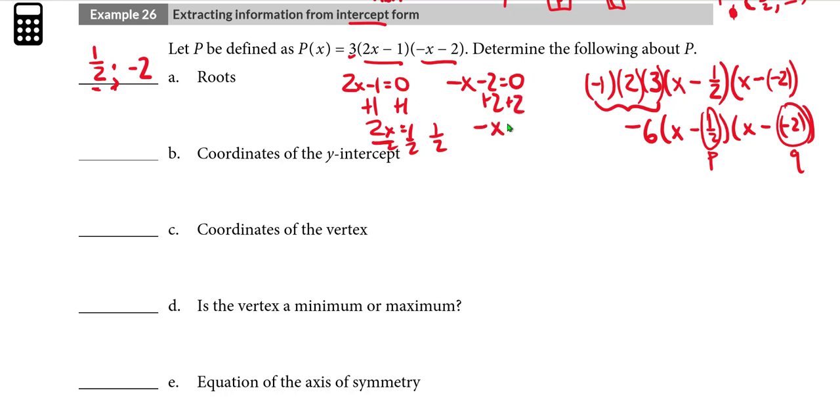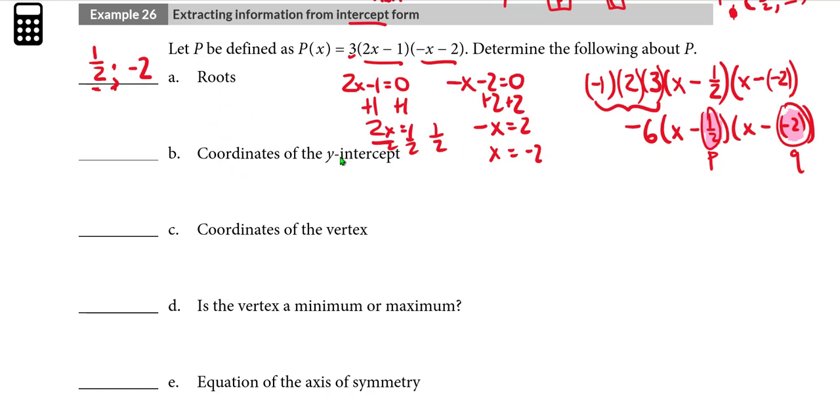So that's negative x equals positive 2, divide or multiply by negative 1, and I get x equals negative 2. So again, I can extract my roots or zeros from a quadratic that is in more general factored form, but I can physically see the zeros without having to do any algebra when my quadratic is in pure intercept form.